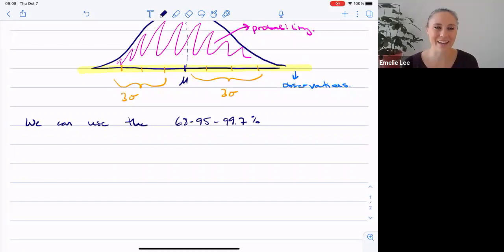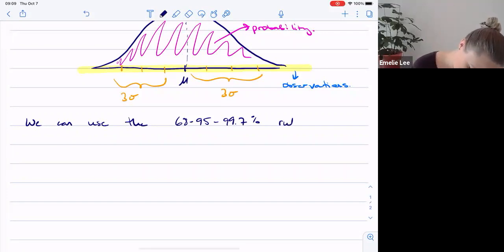Yeah, so the tail is the risky part of everything. So the 68, 95, 99.7 rule to approximate areas under the curve.